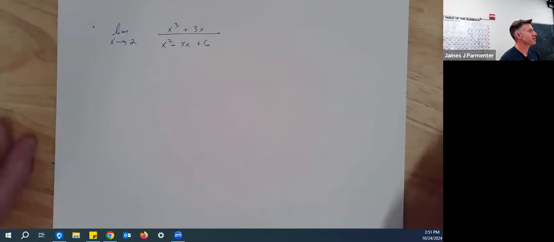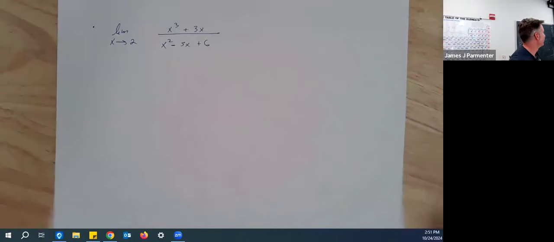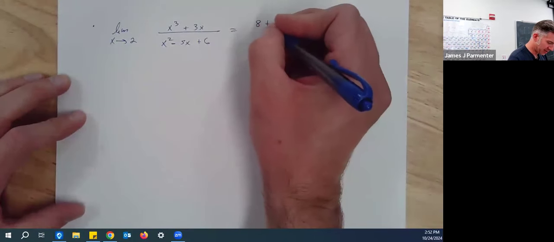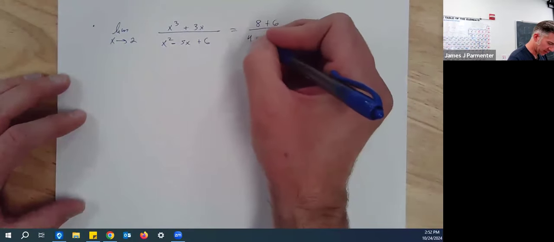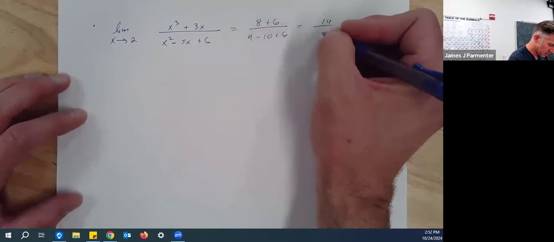What do we do first? Plug it in. So we plug it in, what do we get? 8 plus 6 over 4 minus 10 plus 6. We get 14 over 0.